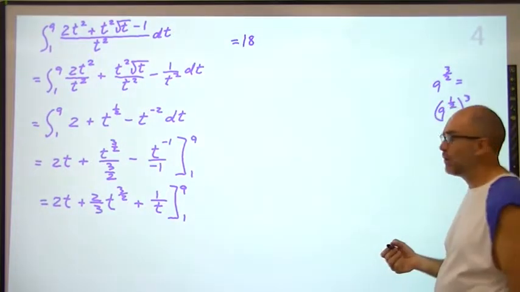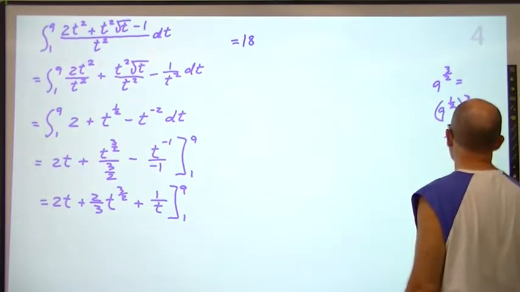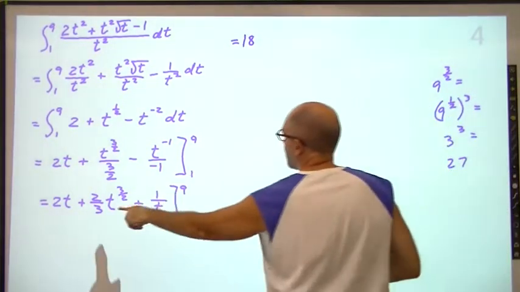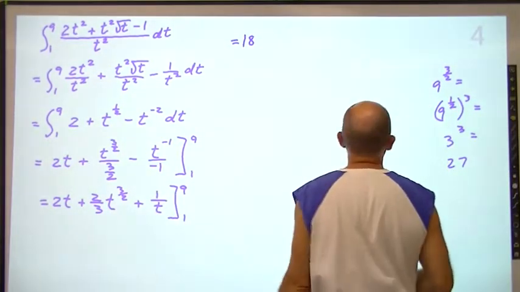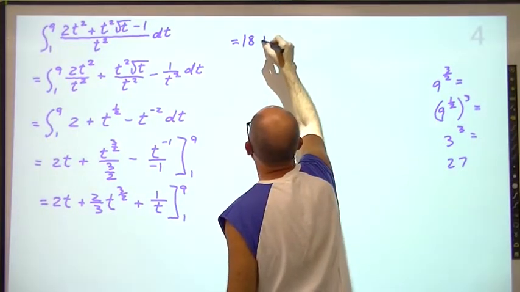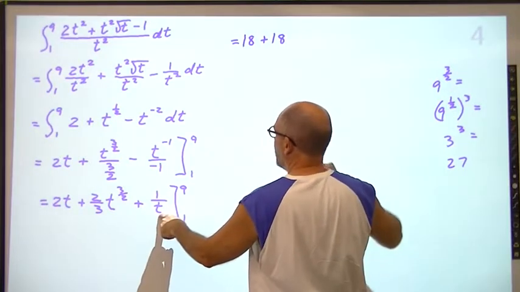Remember from Algebra 2, 9 to the 1/2 is square root of 9, so this is 3 cubed, which equals 27. So this becomes 2/3 of 27, and that equals 18. Now, plus 1/9.